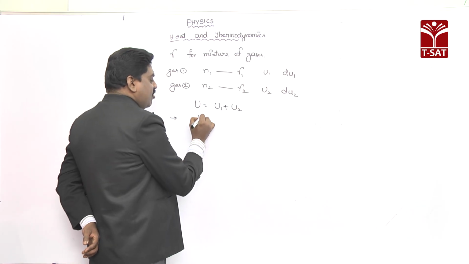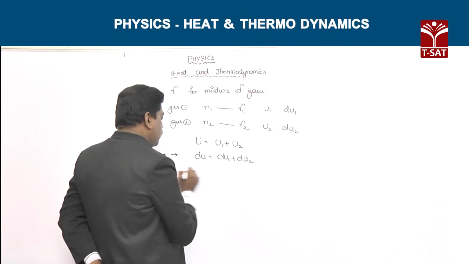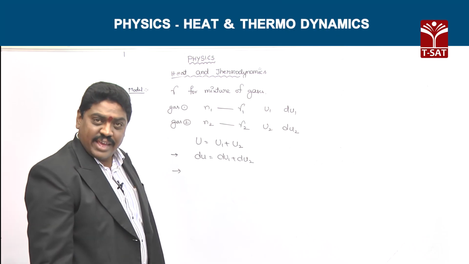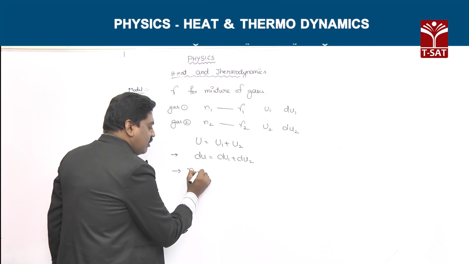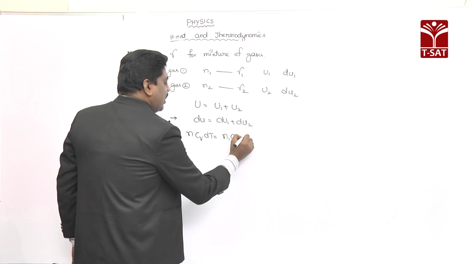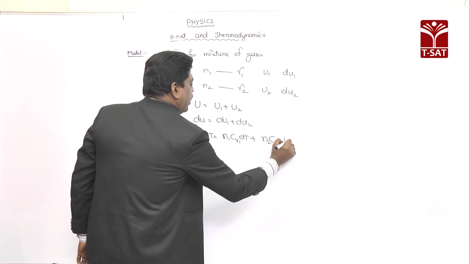The change in internal energy is dU equals dU1 plus dU2, but we know very well that change in internal energy is given as nCv dT. So nCv dT equals n1 Cv1 dT plus n2 Cv2 dT.